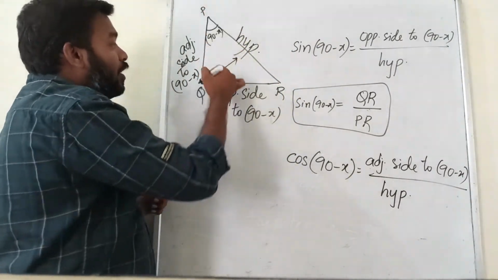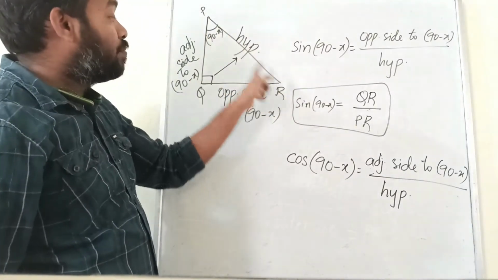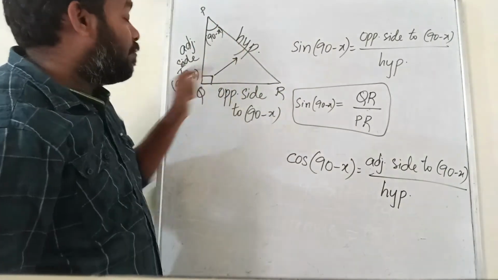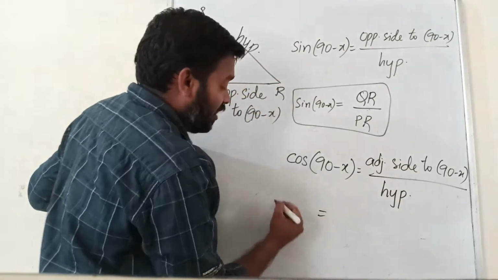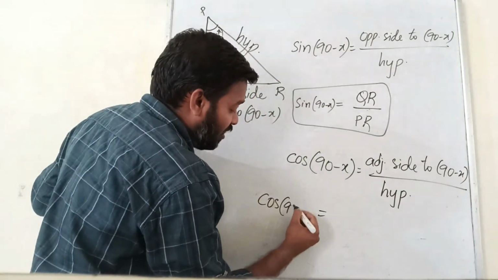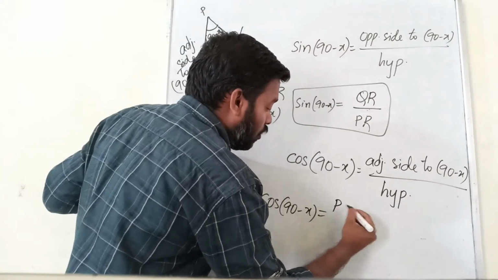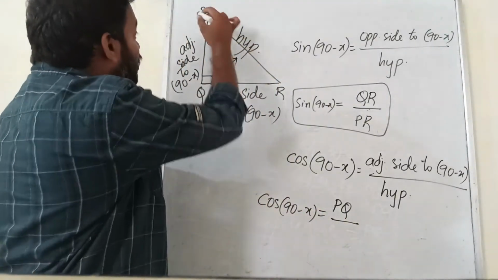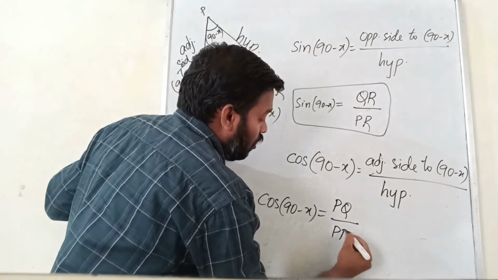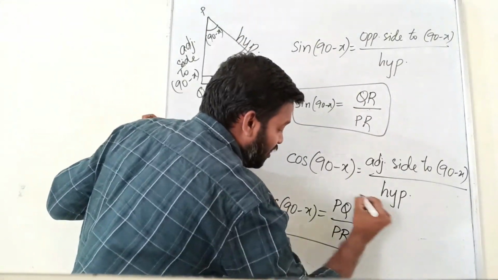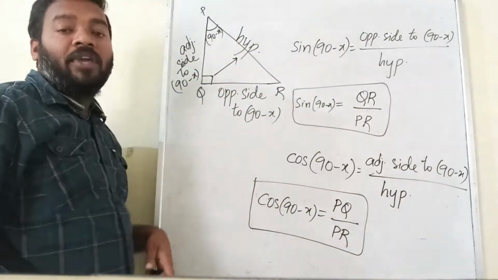That is PQ, and the hypotenuse is PR. So cos 90 minus x is PQ by PR.